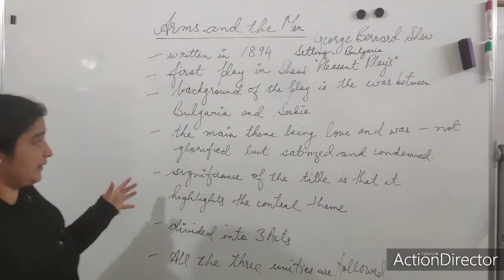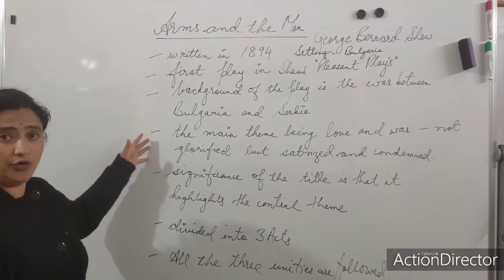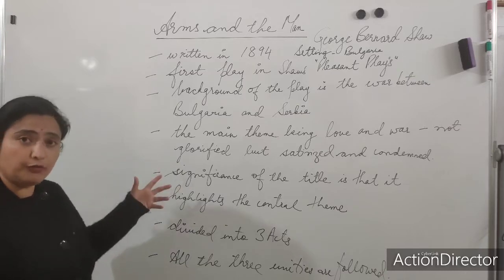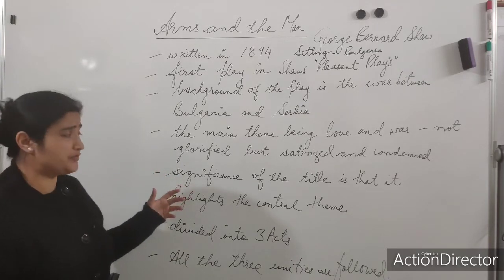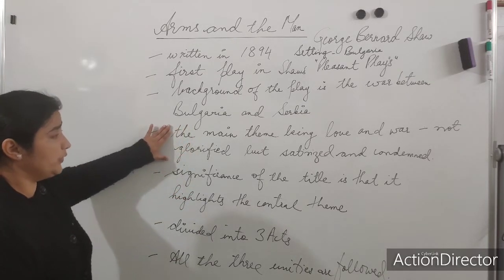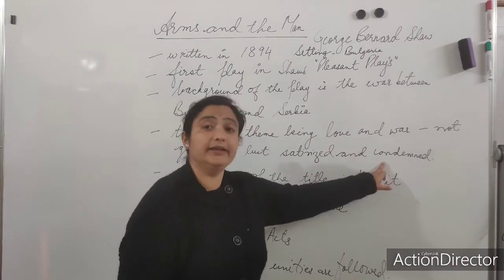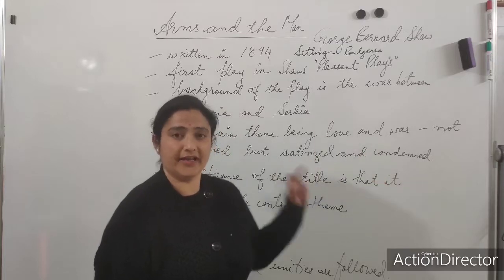But here, Shaw, who is known as a great realist, who has brought forth the problems of societies, is not glorifying but satirizing and condemning love as well as war.